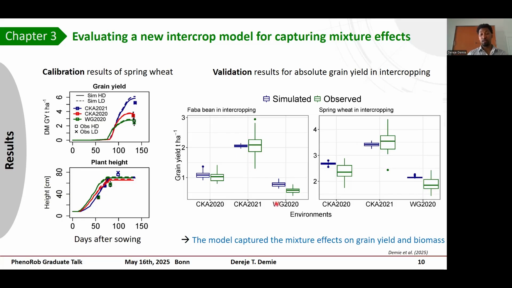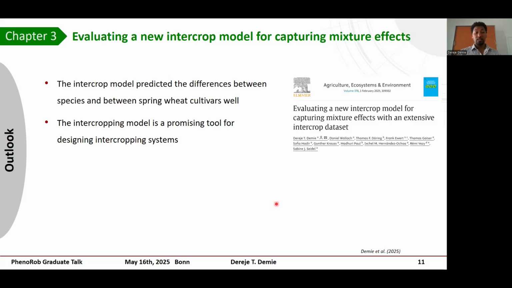It shows that the simulated grain yield and observed grain yield fit well. We also tested whether the model captures the mixture effect, and indeed the model captures a mixture effect on grain yield and biomass. Our objective is also to enable the model to help us assist different management strategies, for example the cultivars.